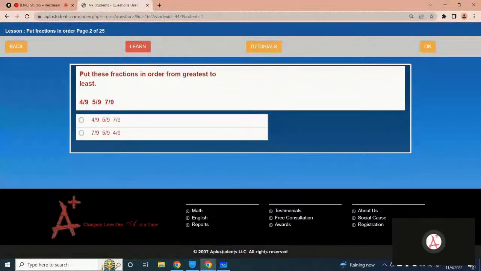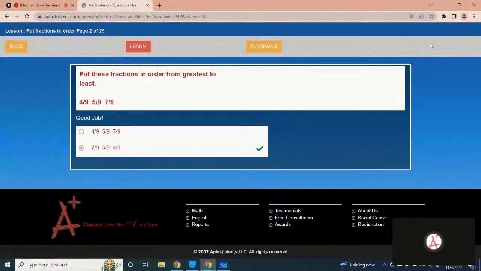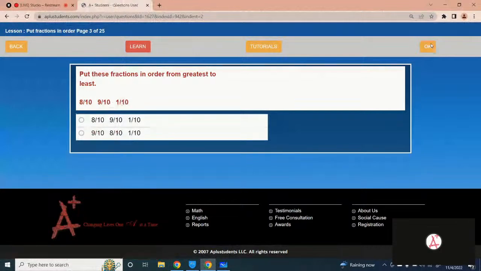Just listen to the question carefully. So which one is the correct option? That would be the second option. The greatest one is 7 over 9, then you have 5 over 9, and then you have 4 over 9. Got it? Second one is the correct option. Just select the correct option and click on the OK button.